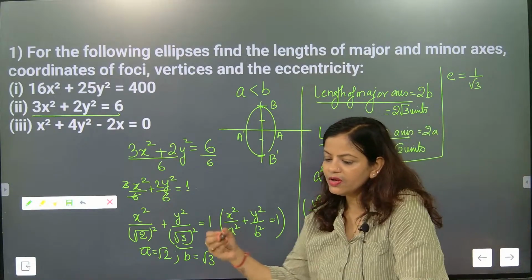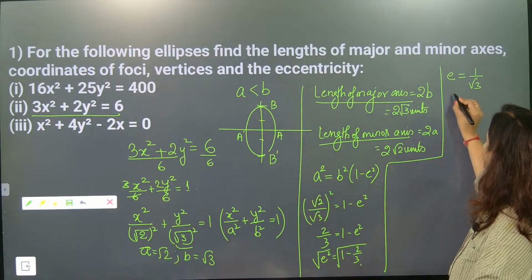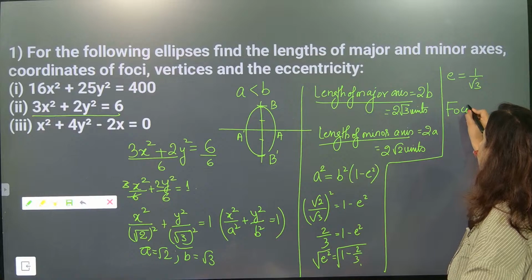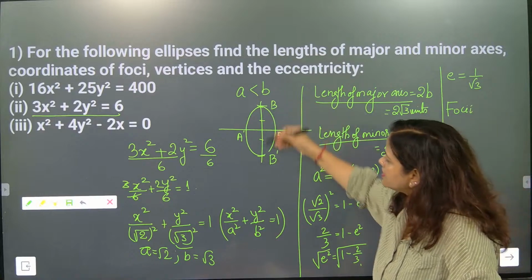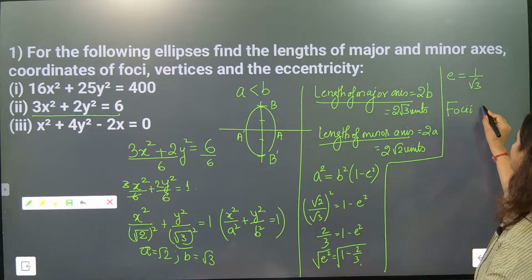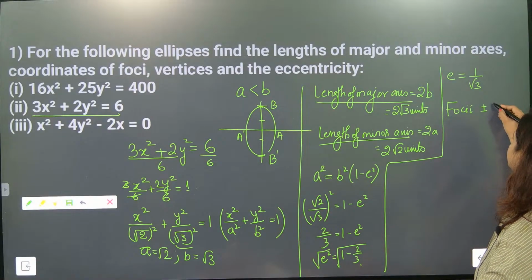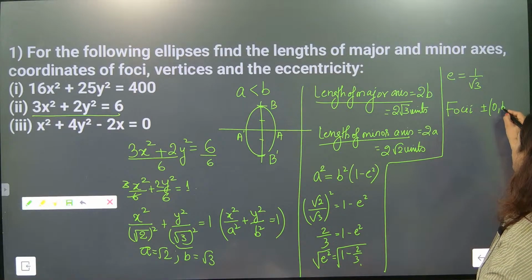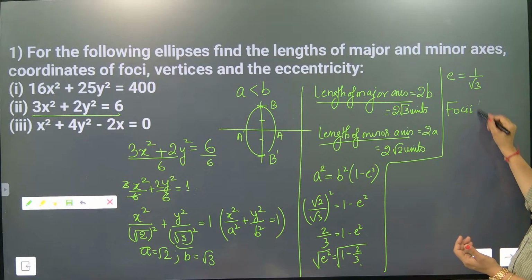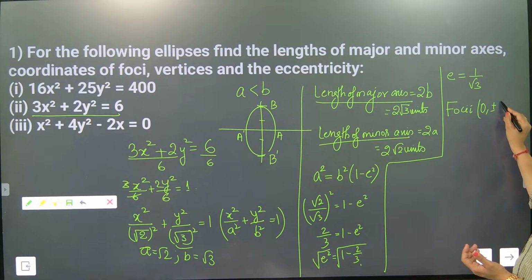Super. So what will be the foci here? Foci will be here because the ellipse is resting on the y-axis. So the foci will be plus minus 0 comma be. Understood? You can write it as 0 comma plus minus be.